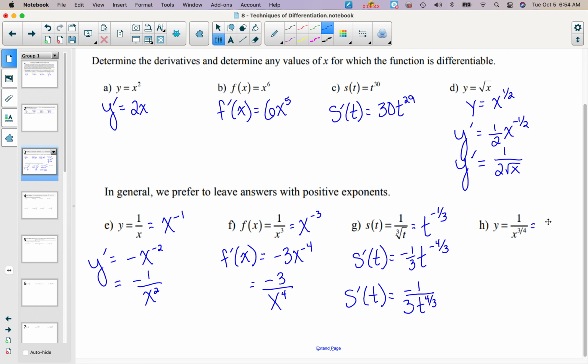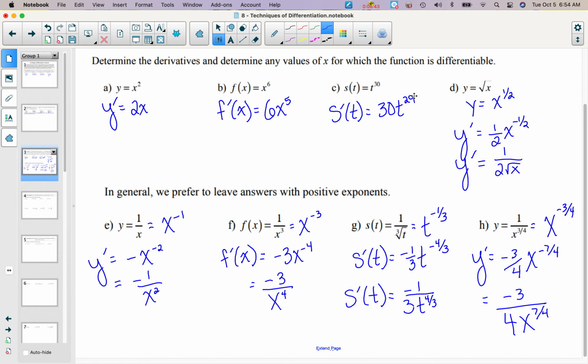Let's change this to x to the minus 3/4. So we get y prime equals negative 3/4 x, and we're going to subtract 1, so I'm subtracting 4/4, so we get negative 7/4. If I want to write that with a positive exponent, then I'm going to flip this to the denominator.